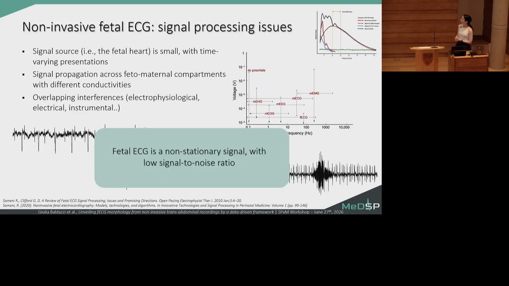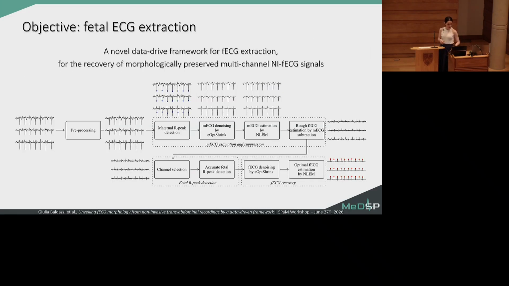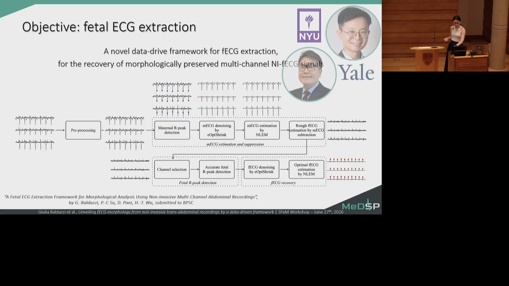So overall, we have a very challenging scenario with multi-channel, non-stationary signals with very low signal-to-noise ratio. So in this scenario, we tried to conceive a new data-driven framework to extract fetal ECG signals with preserved morphology.